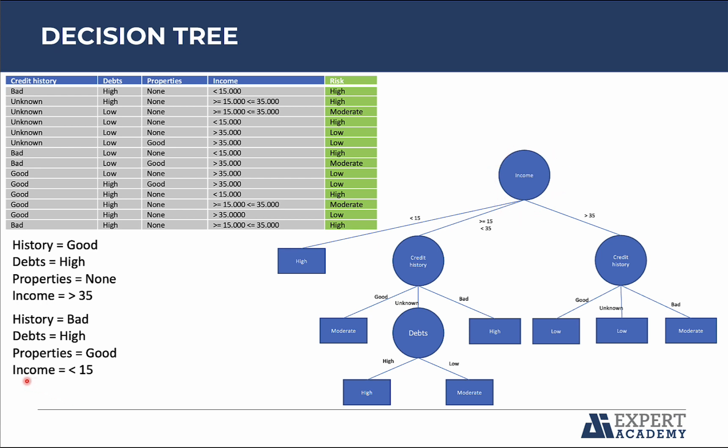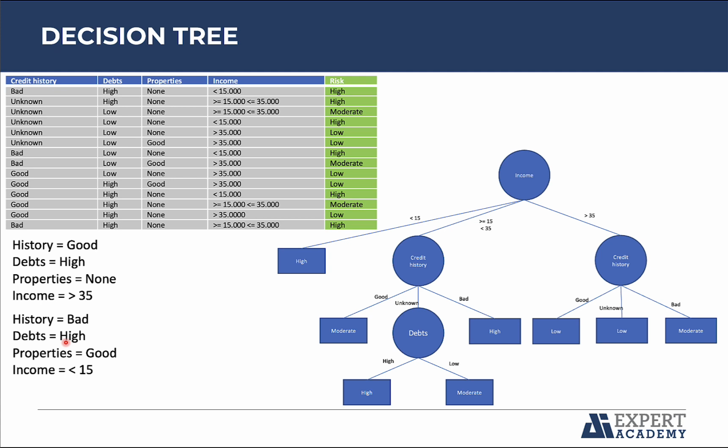See here that the income is less than 15. So we go to the left part of the tree, and here is the result. The risk is equal to high. For this particular customer, the history and the debts are not taken into account in the classification.